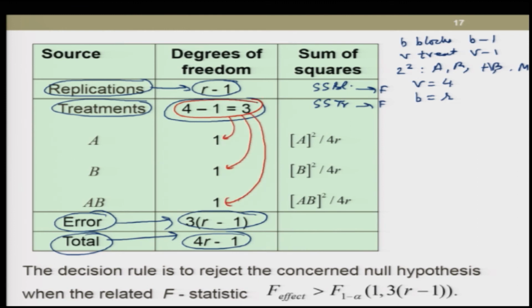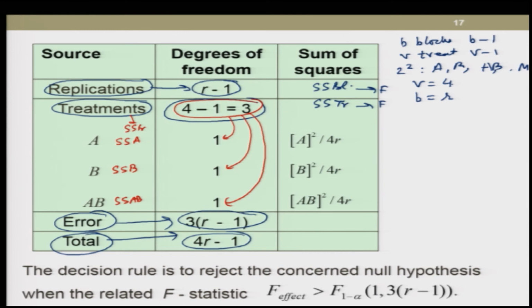So, essentially you have extended the concept of analysis of variance, that the total variation has to be partitioned into different orthogonal components, here for the sum of square due to treatment also. And corresponding to sum of square due to treatment, you write down the sum of square due to A, sum of square due to B, and sum of square due to AB.